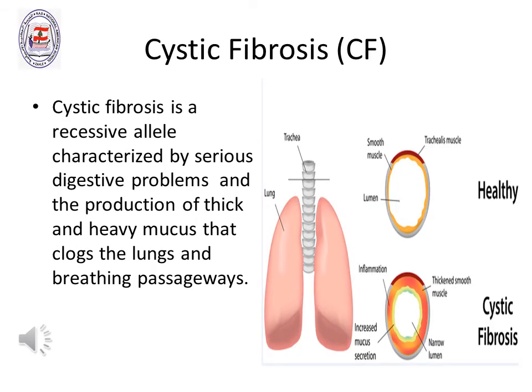Cystic fibrosis is a recessive allele, characterized by serious digestive problems and the production of thick and heavy mucus that clogs the lungs and breathing passageways. In this figure, you can see a comparison between a healthy trachea and a trachea that is clogged with mucus due to cystic fibrosis.